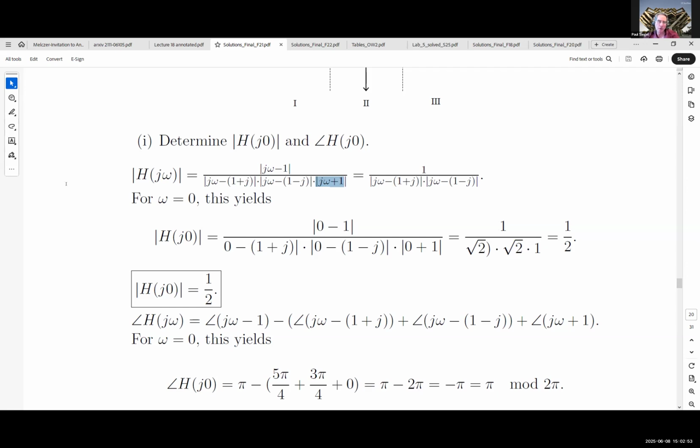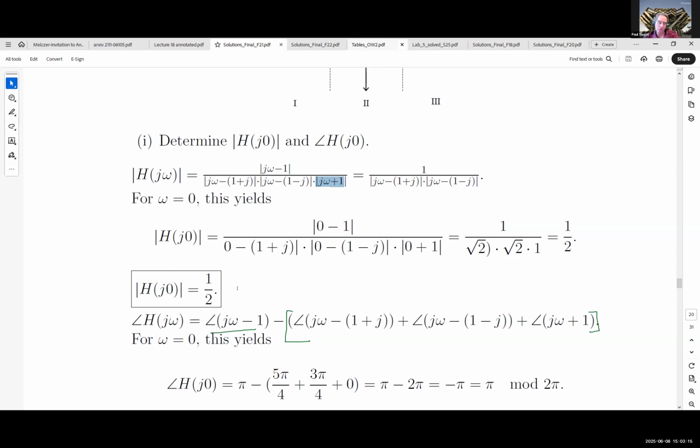So here's the numerator piece right here, and then minus the sum of the angles in the denominator, which is this piece right here. And then you have to figure out what those angles are at omega equals 0.